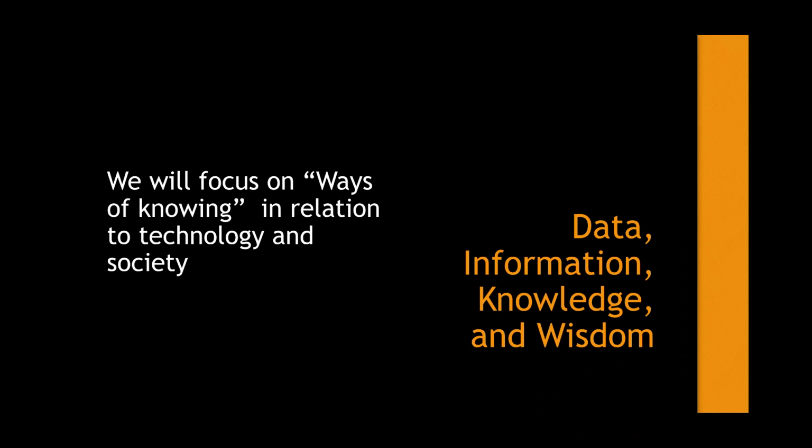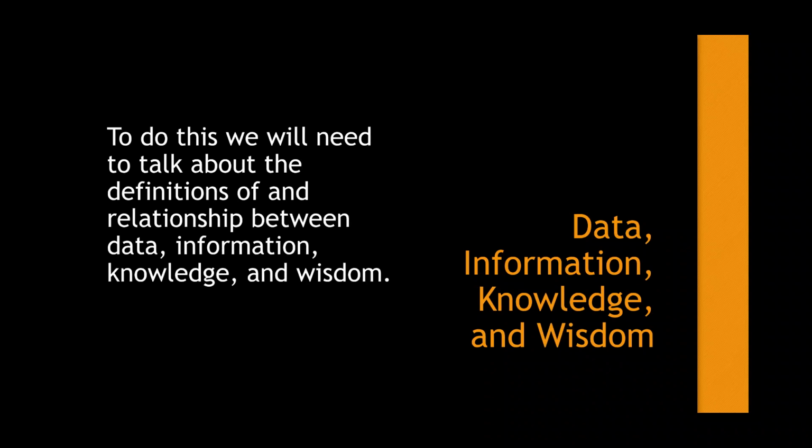So we start with data, information, knowledge, and wisdom, because everything about computers, at least in the beginning of electronic technology, is dealing with processing data, gathering information from it, maybe communicating that, building knowledge, and the wisdom built off of that. So that's why we're talking about these four things and giving some basic definitions.